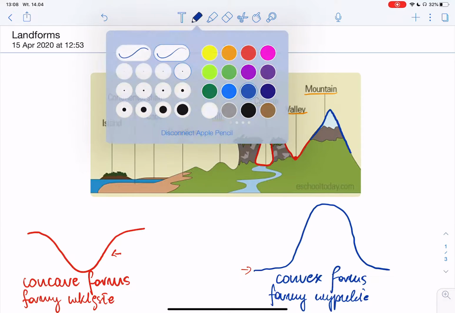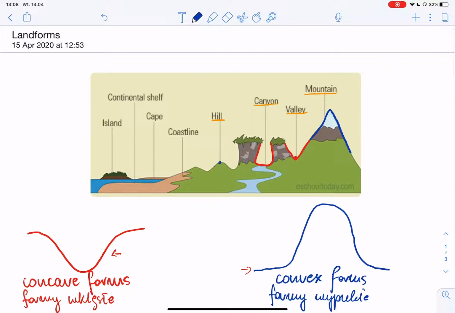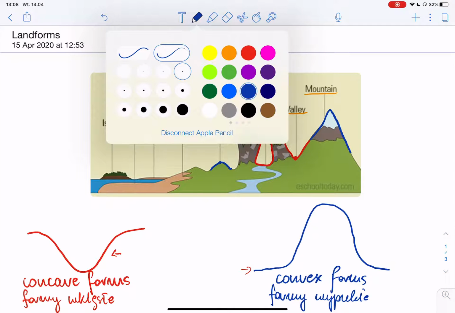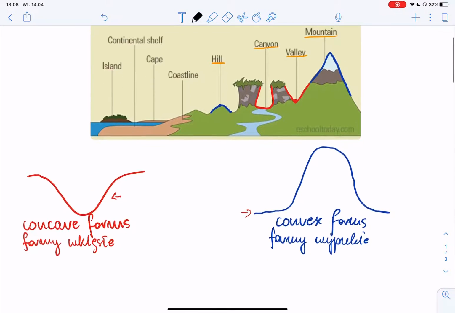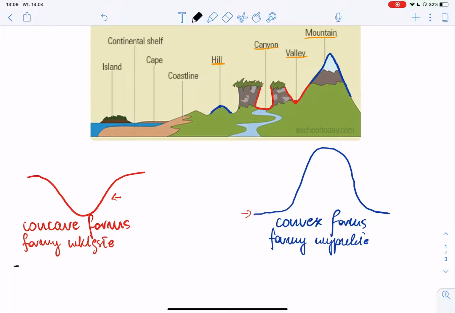And a hill basically resembles the mountain. It's also a convex form. So guys, concave forms are valleys and canyons. If it comes to convex forms, then we have mountains, then we have hills. Hills are just like mountains, but really, really small, much smaller.